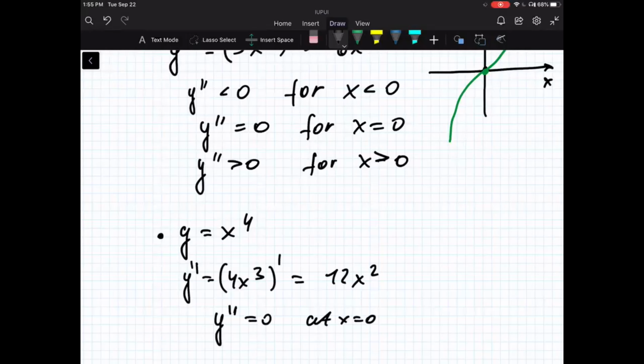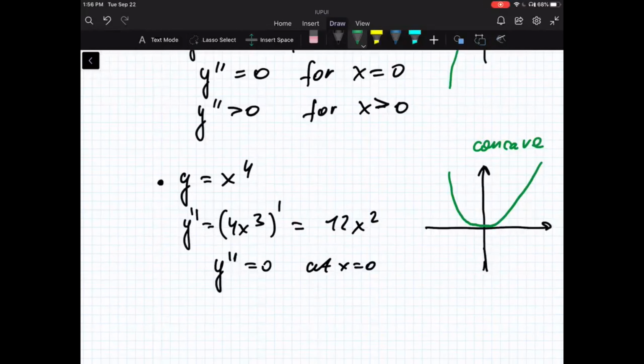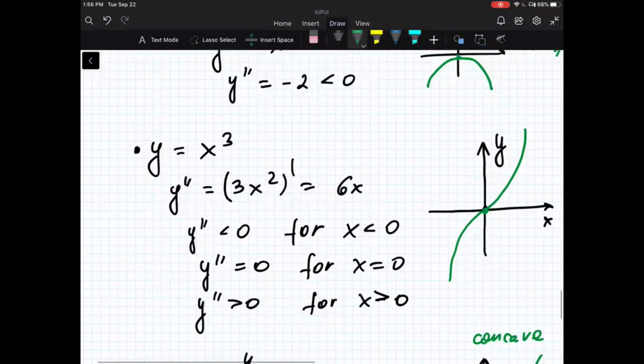But the point is that if you graph this function, it will look like this. So your function will still be concave up on the whole real line, even though you have a zero of the second derivative. Oh, I made a mistake, pardon.